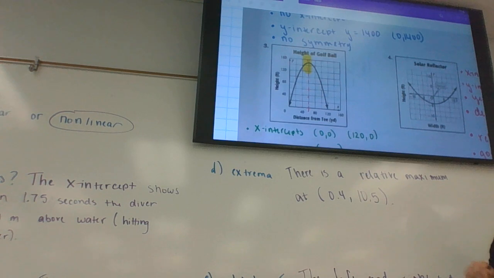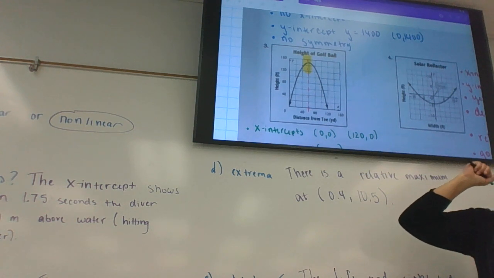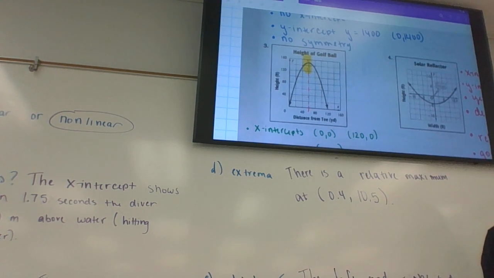Libby, can you interpret this x-intercept? That's 120. Use the word golf ball. Oh, I get it. You mean the y too? Go ahead, interpret the intercept.